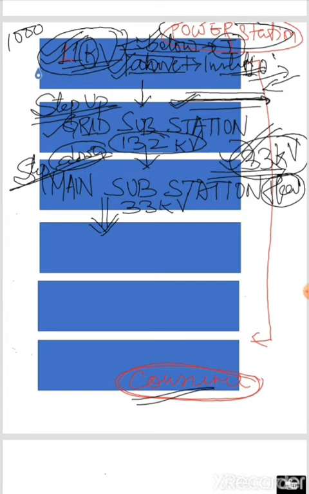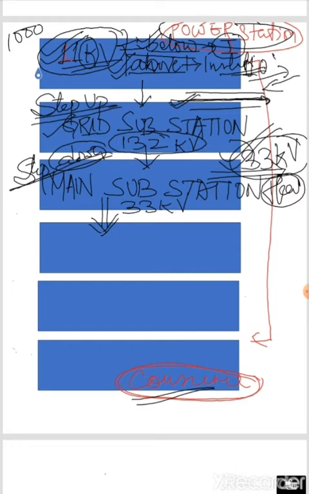Now what are heavy industries? These are the industries which need a huge amount of electrical power or electrical energy. These heavy industries may be oil industries, or mining industries, or steel industries, or chemical industries, or petrochemical industries.